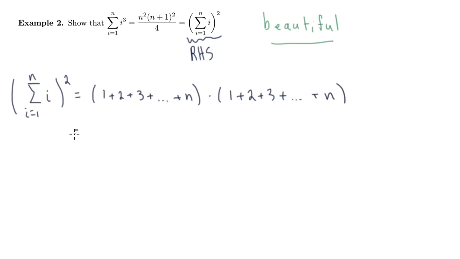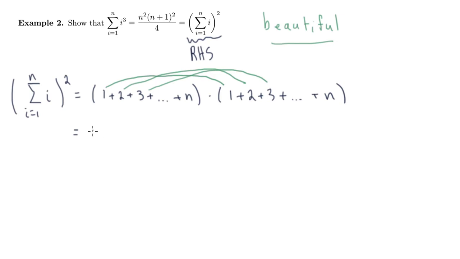And now what do we get? Well, notice that we're going to have to take 1 and multiply it by all these terms, and we're going to have to take 2 and multiply it by all these terms. But there are sort of diagonal terms. So 1 is going to get multiplied by 1, 2 is going to get multiplied by 2, 3 is going to get multiplied by 3, and of course all the other terms too, but I want to isolate those terms.